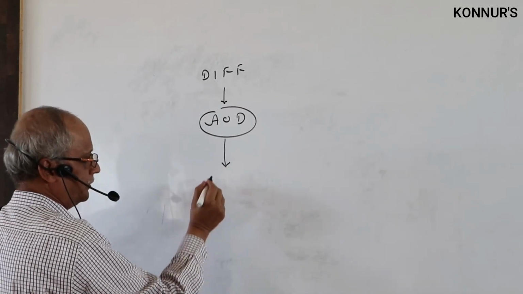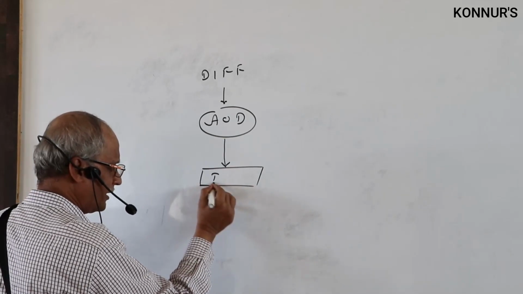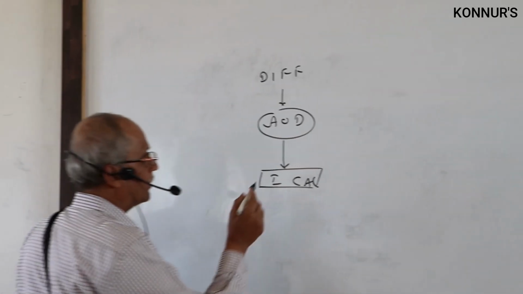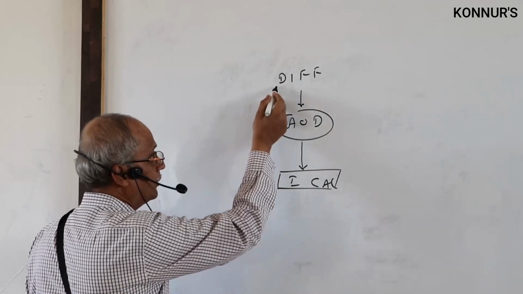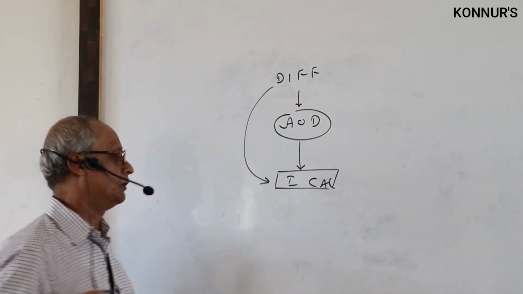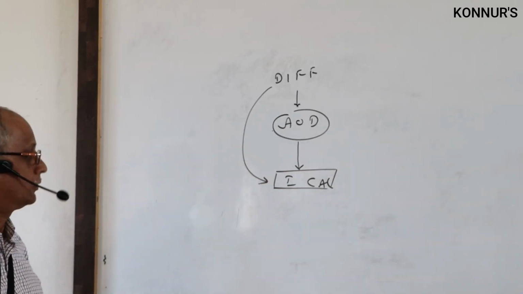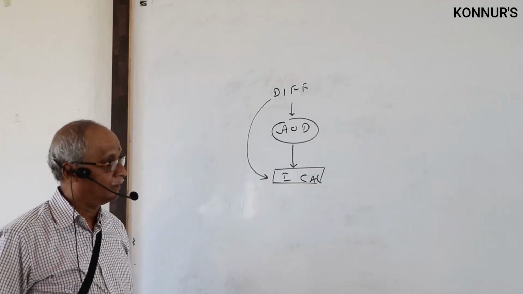They can attempt more questions from integral calculus. That is the reason we are skipping these differential applications. We are going directly to integral calculus, which is easy to understand and you can score easily. Therefore, we will start with integral calculus.